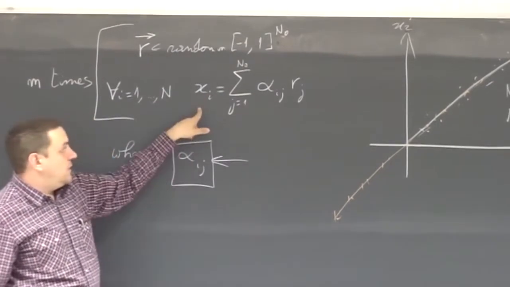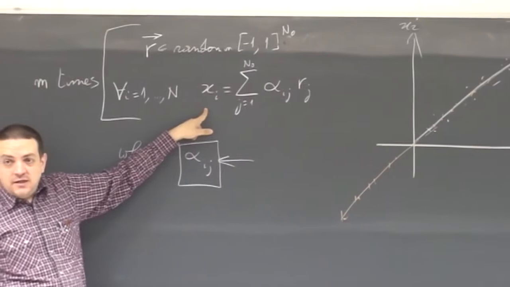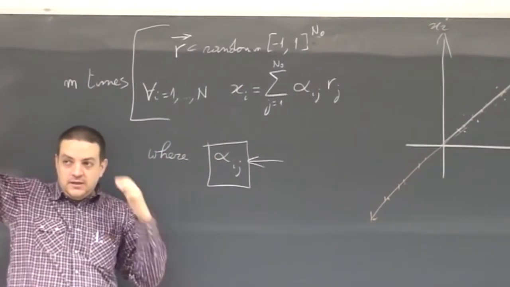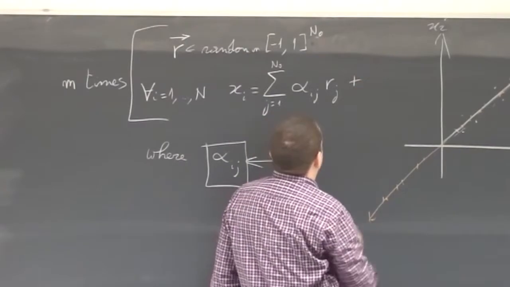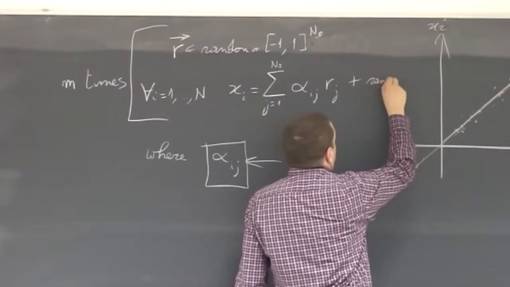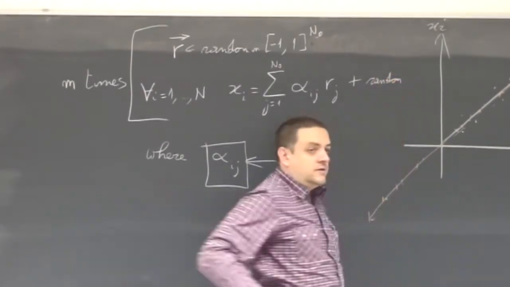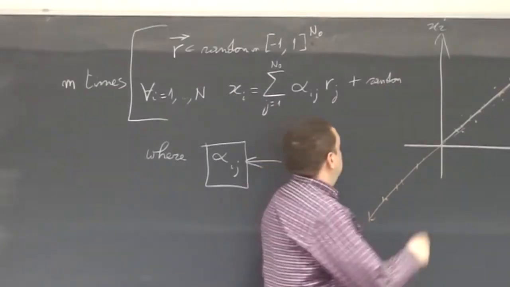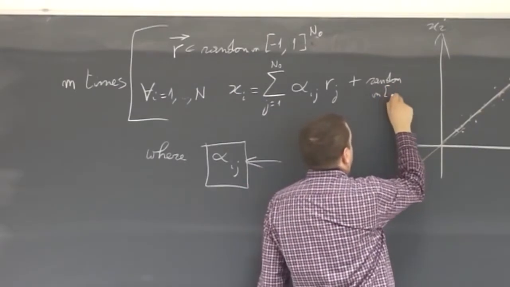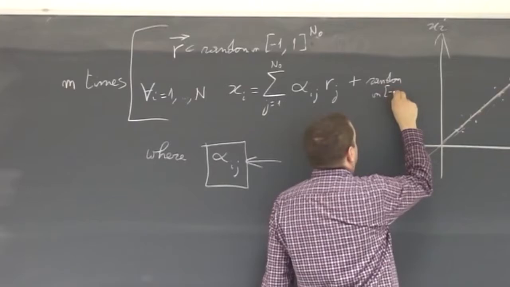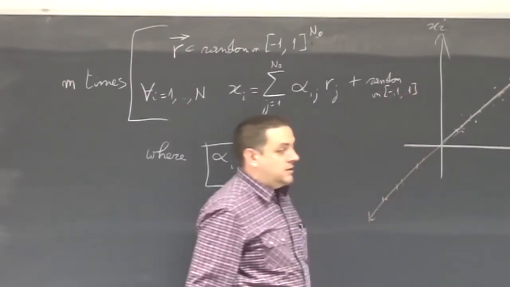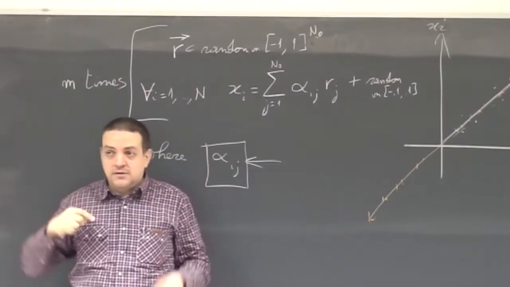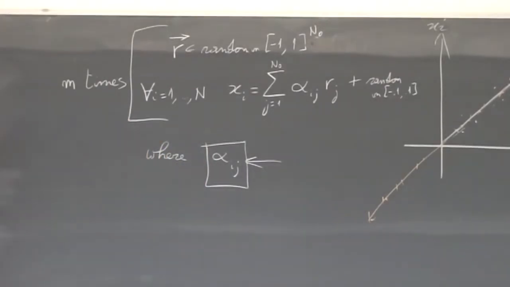This equation places points exactly on the linear subspace, so I just add a new small random number in, for example, minus 0.1 to 0.1 here in order to slightly disperse the points. This should do the trick.